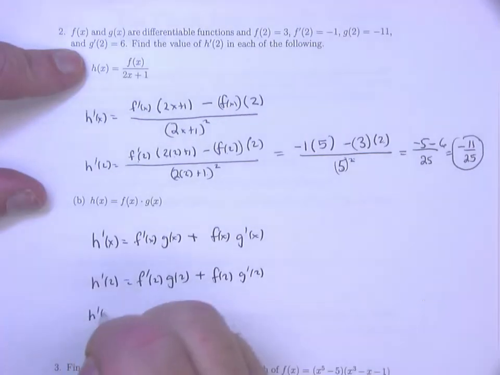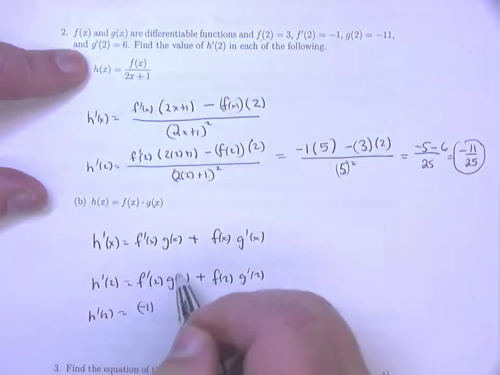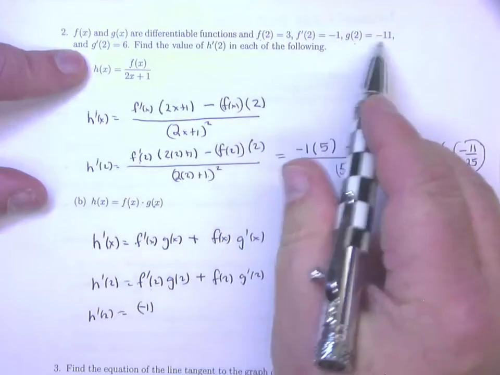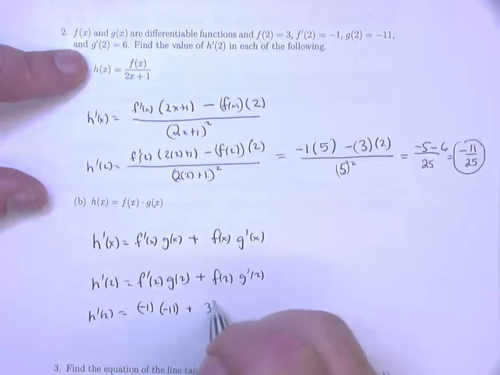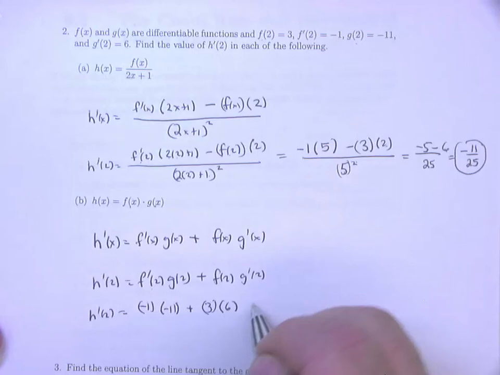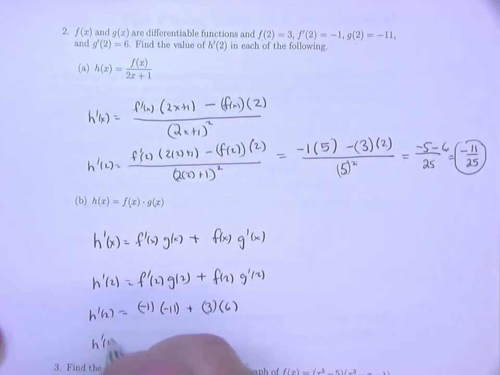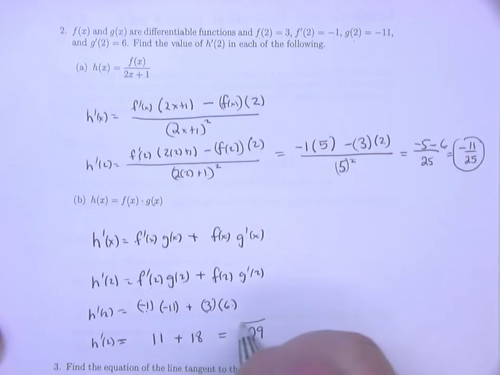So h prime of 2 would be equal to f prime of 2, which was negative 1, times g of 2, which is negative 11, plus f of 2, which is 3, times g prime of 2, which is 6. So when I clean this up, negative 1 times negative 11 is positive 11, plus 3 times 6 is 18, and 11 plus 18 is 29. And there's my answer.